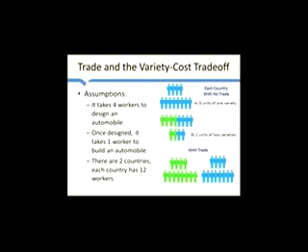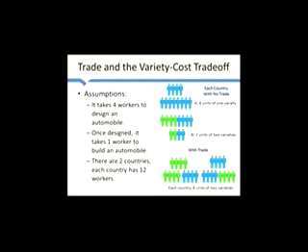The other, the blues, therefore workers design one variety, and they produce 8 units of that variety. So far it's the same situation as A, this situation here. But now with trade, suppose that they trade 4 units of one variety for 4 units of the other variety. What ends up to be the case then? Each country has 8 units of 2 varieties.